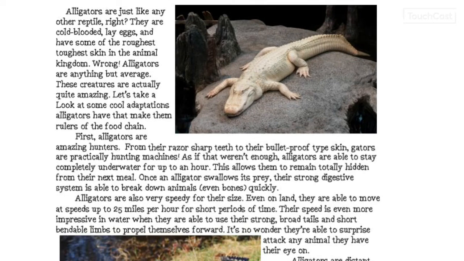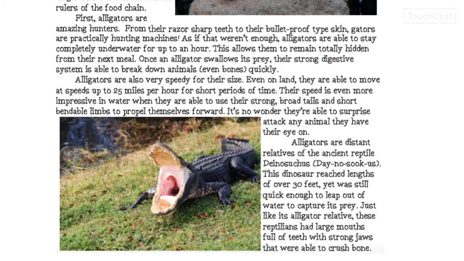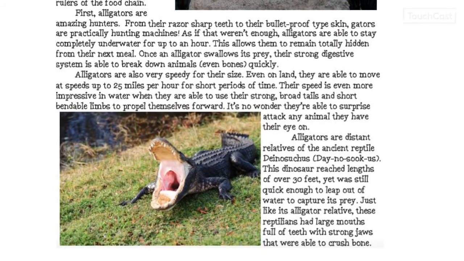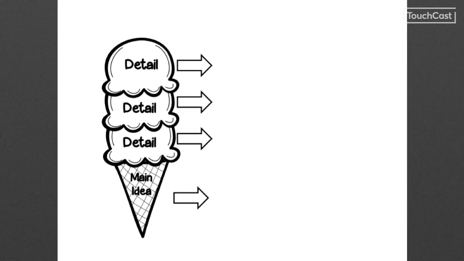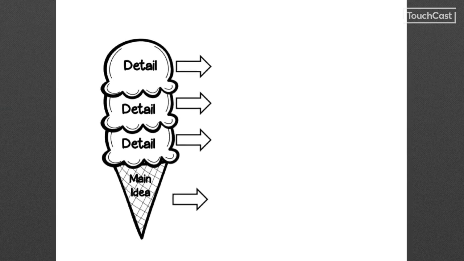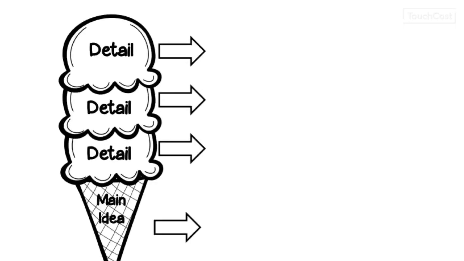There's 1, 2, 3, 4 paragraphs, and there's also some pictures. And then if you'd like to, here's the ice cream cone you can draw. Or you can just label your information, main idea, and then detail 1, detail 2, detail 3.